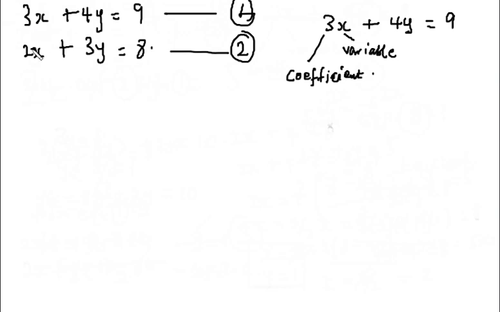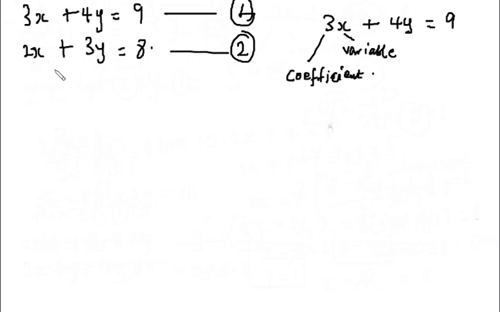Or say you pick y, you want to make the coefficient of y the same for the two equations. In this case, for x, the 3 and 2 are not equal, so we cannot just directly eliminate it. And for y, 4 is not equal to 3, so we cannot just directly eliminate it.